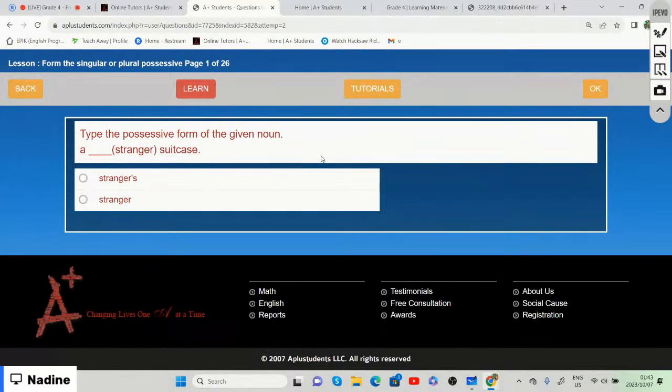A stranger's suitcase. Do we say it is stranger's suitcase or stranger suitcase? We need to type the possessive form of that given noun. Do we say it is stranger's with an apostrophe and S, or do we just say stranger? We leave it the same. Suitcase.